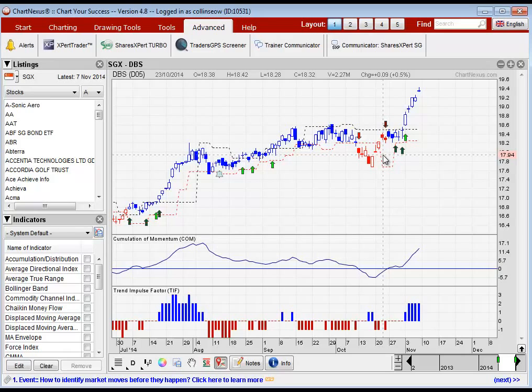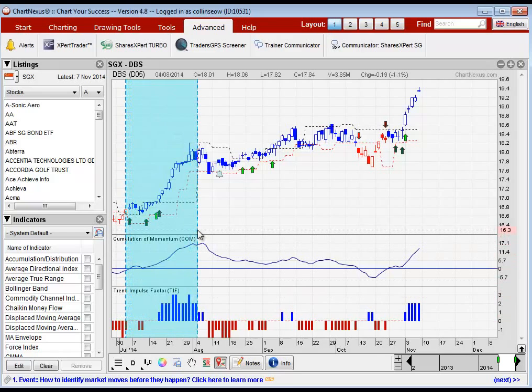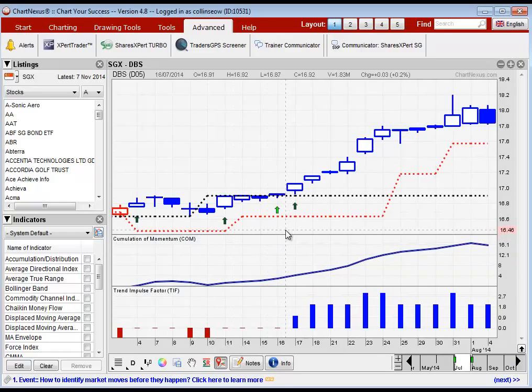The next thing we want to take a look at is the trend impulse factor. The trend impulse factor, or the TIF, will help you to indicate whether the arrows are strong or not. So for example, in this case we have an arrow on this day which indicates a buy.